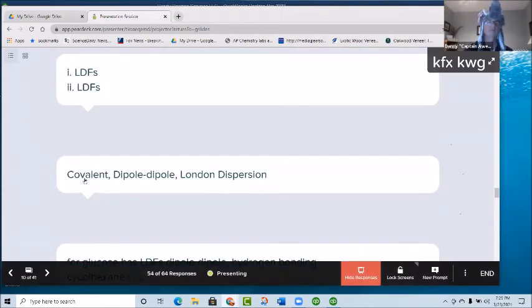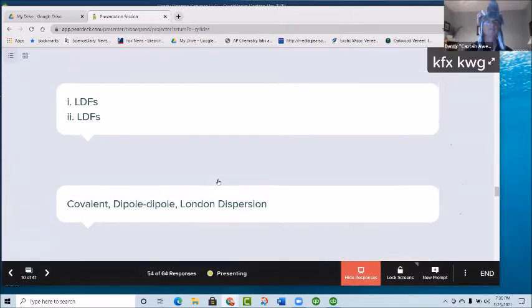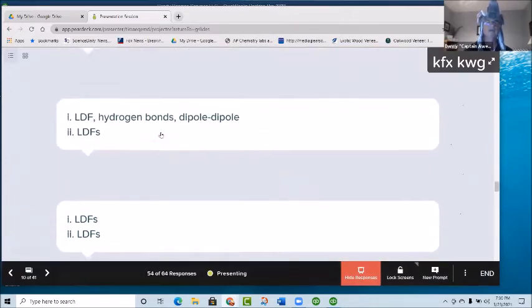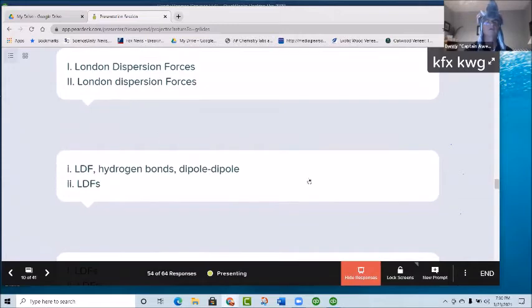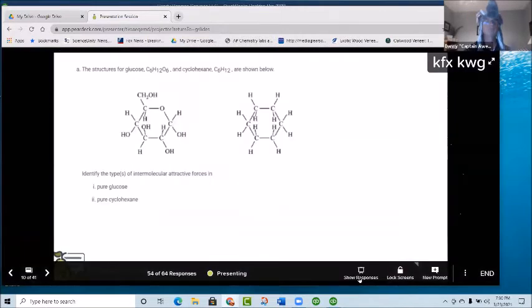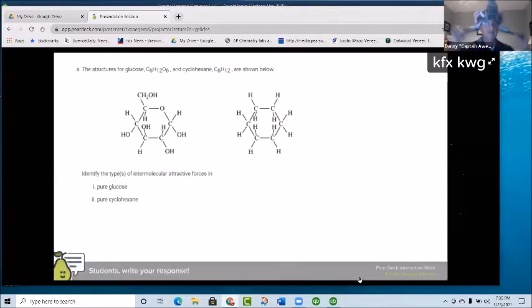Covalent. Dipole-dipole and London dispersion. They both have LDFs. Okay, great answers. So first of all, I am so proud that you guys said that they both have LDFs because that's the one that y'all typically missed. You're like, aha, it has oxygens and hydrogens. It's going to have a hydrogen bond. But you always have to remember, everybody has London dispersion forces if they have electrons.